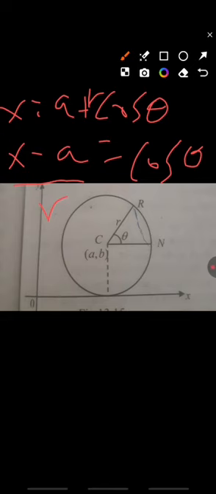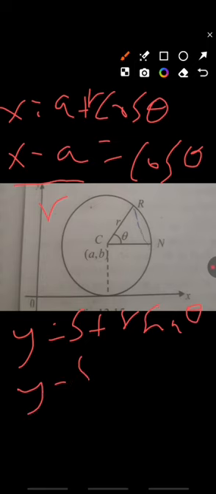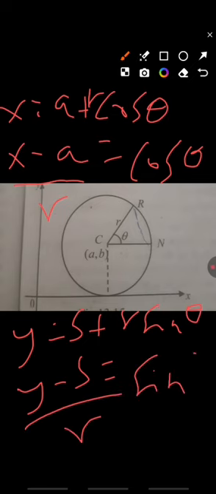The same thing also applies to sine. We know that y is equal to b plus r sine theta. So we have y minus b, all over r, is equal to sine theta. So please, let's note this.